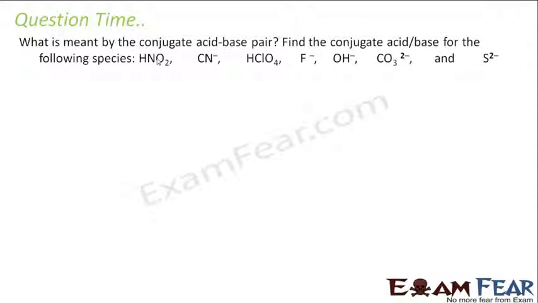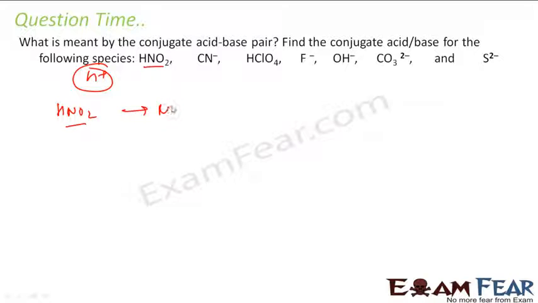Let's take one question. What does it mean by conjugate acid base pair? We just discussed, right? An acid base pair that differs by H plus is called a conjugate acid base pair, and we define the conjugate acid or base for the following species. HNO2 can take a proton or can give a proton. If it gives a proton, it becomes NO2 minus.